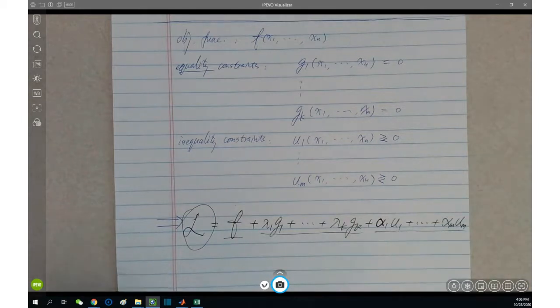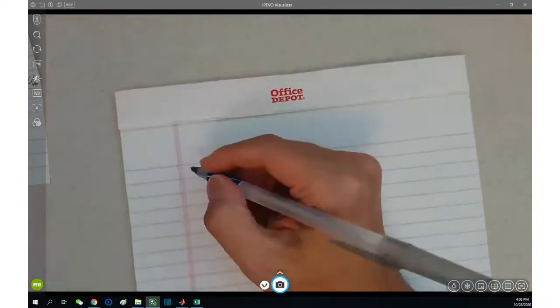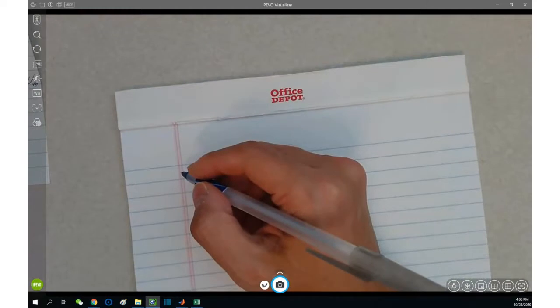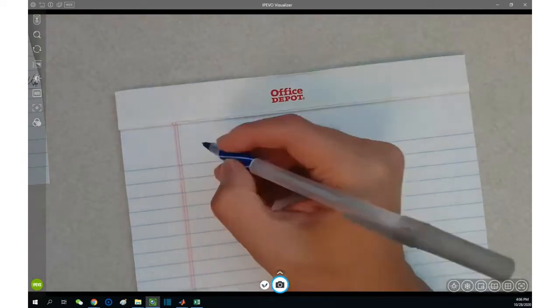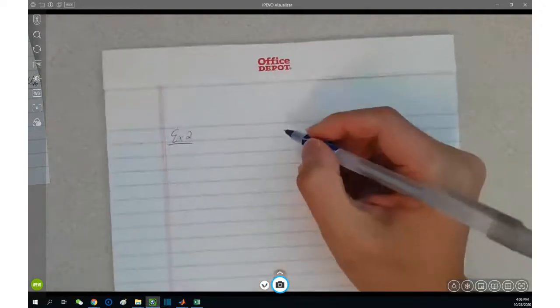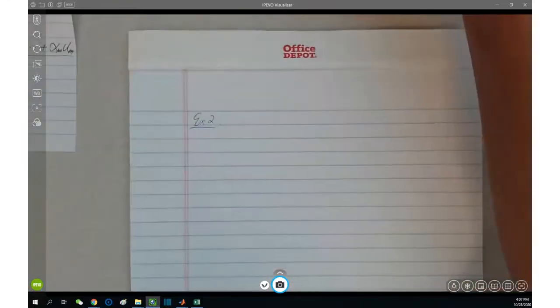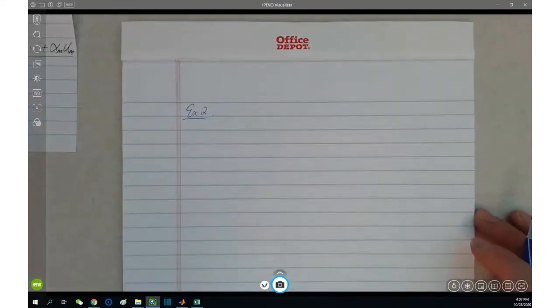Let's go through one example so you know how to solve this by applying the L function. This is not difficult. Example 2.